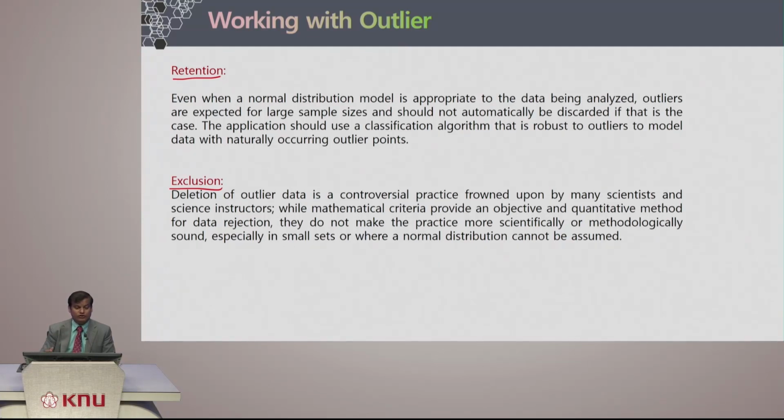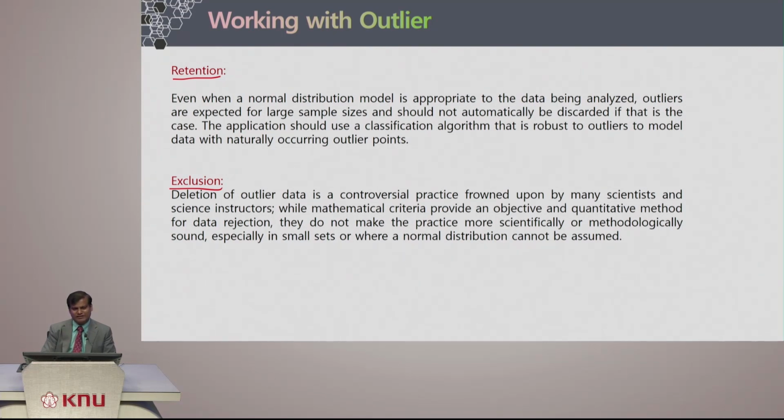In those cases, if you don't include the outliers, your final results may be completely wrong. We will be discussing one of those cases in one of our lectures, where a space disaster happened because people did not take into account certain outlier data points.